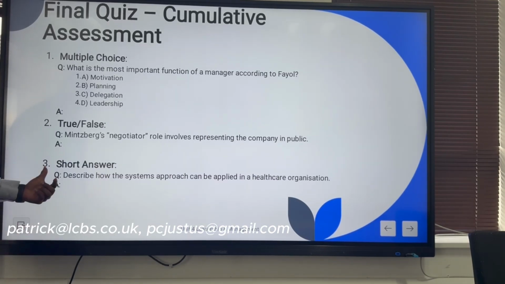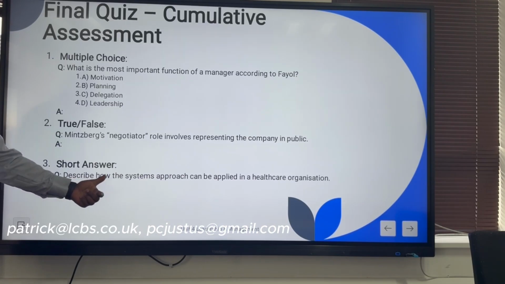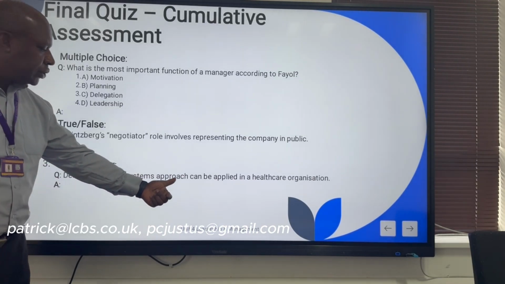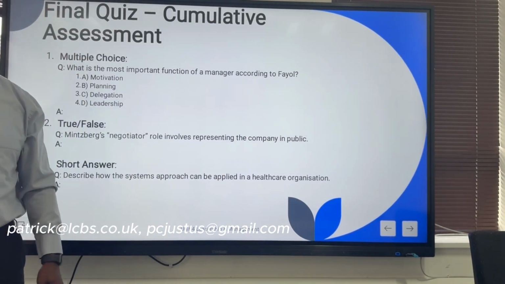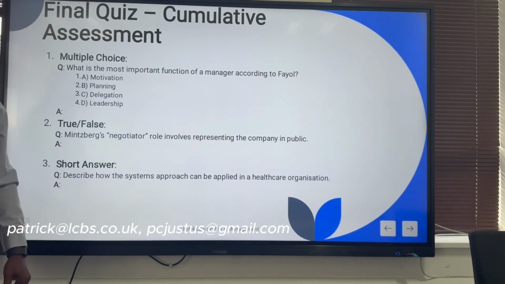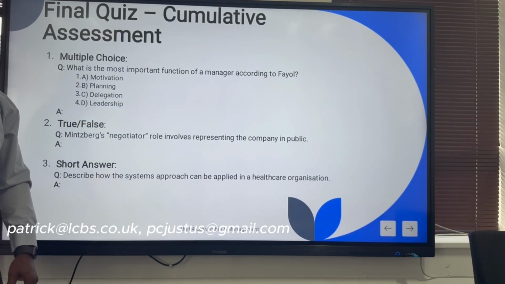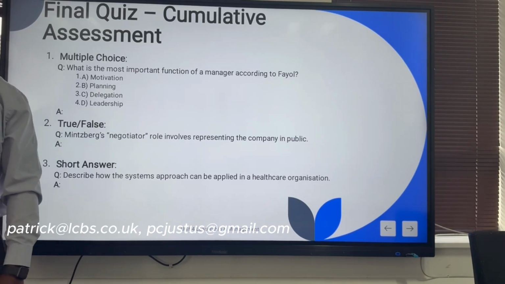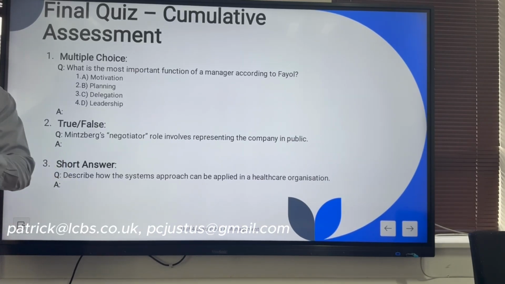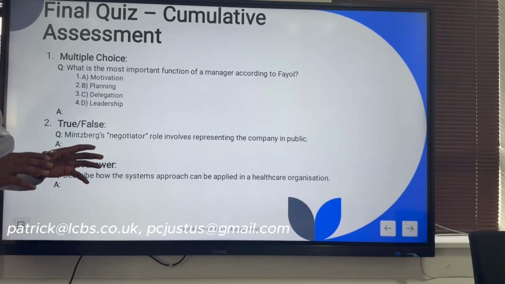All right, and lastly, short answer: describe how the systems approach can be applied in a healthcare organization. If you remember what we talked about in the hospital, we're using systems. Every system plays a role.